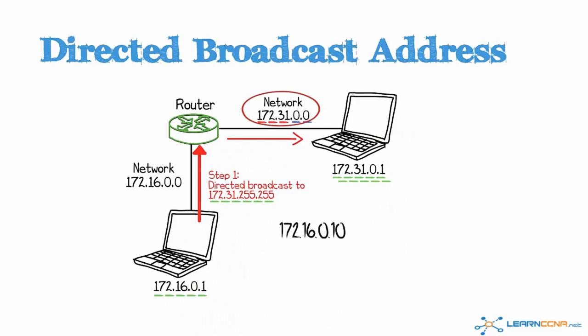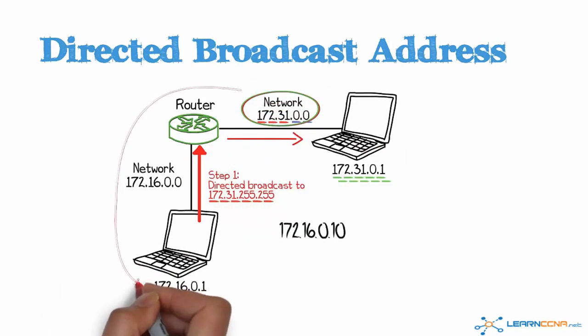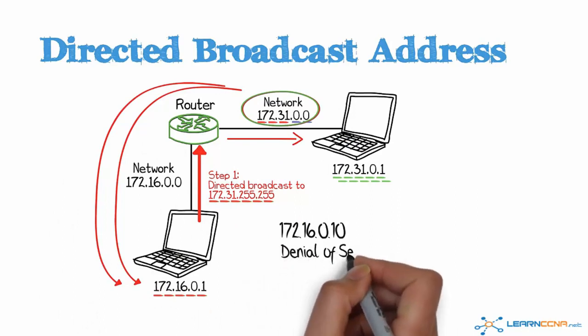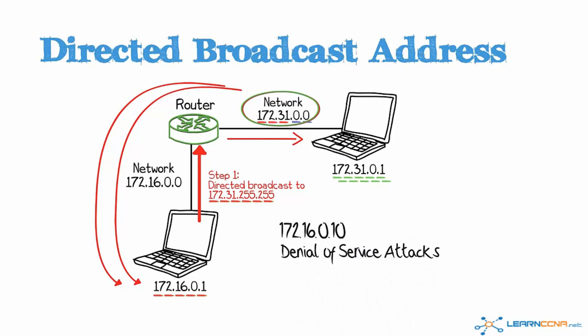In other words, they would launch lots of traffic with a source IP address of 172.16.0.1 to destination 172.31.255.255. All devices on this subnet would then reply back to the source address 172.16.0.1, causing a denial of service attack on that device.